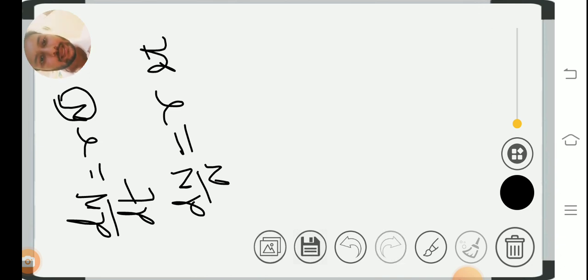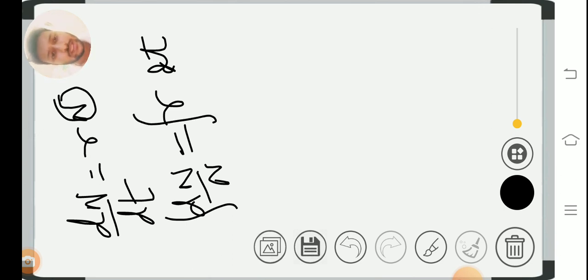Okay, and then we have to apply an integration on both sides, and since r is a constant, it will come outside of the integration, so we can put the integration sign here as r is a constant.